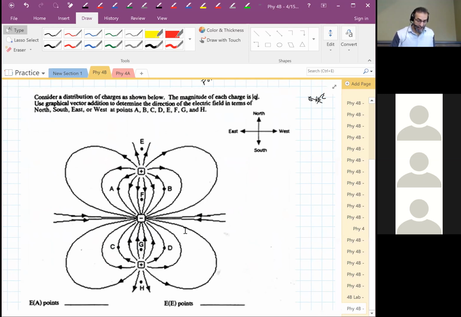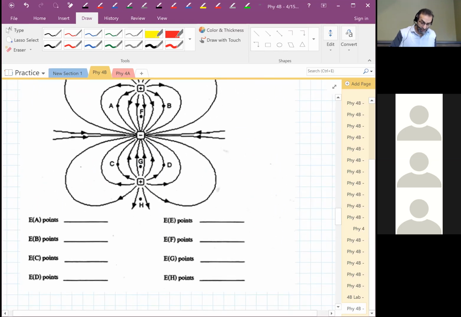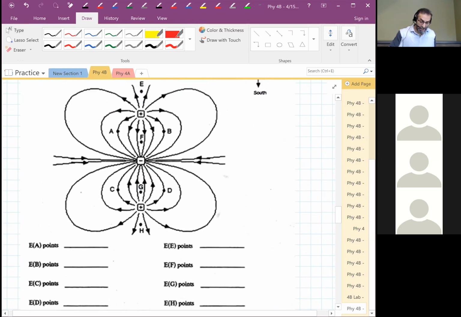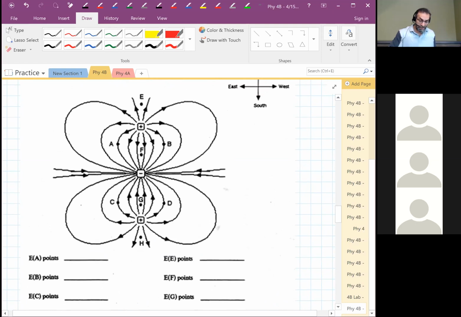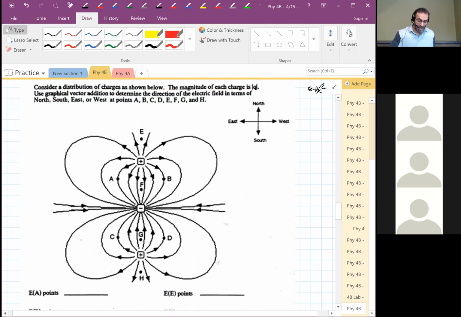So this diagram is drawn with some charges: two positive charges and a negative charge in between them. And we've drawn the field lines, right? What we want to do is come up with, at the different places here, A, B, C, up to H, the direction of the electric field at those locations.